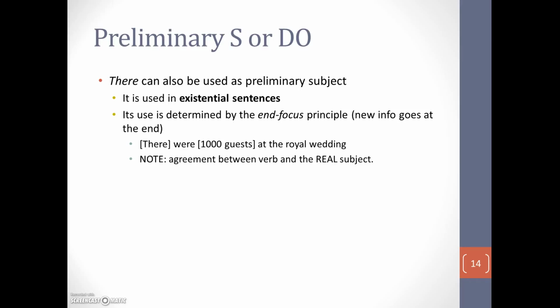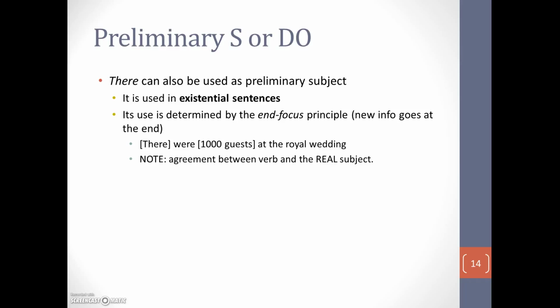Now, there can, of course, also be used as a preliminary subject, and this is used in what we call existential sentences. So its use is determined by the end focus principle, which is that new information goes to the end. So if we say there were 1,000 guests at the royal wedding, then it's the guests that are at the wedding, right?